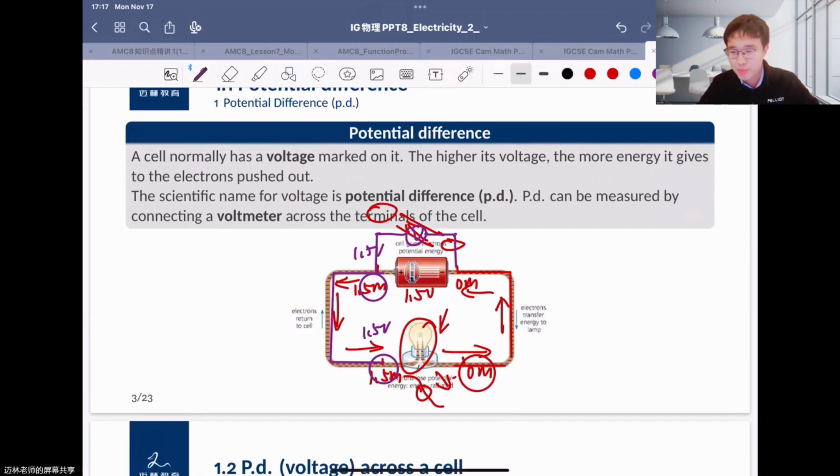So it must be connected to two places in the river. When you want to measure the potential difference of the lamp, you also have to use a voltmeter across the two parts of the lamp. So we can say the potential difference for the filament lamp is 1.5 volts. I think it's very easy for you, right?